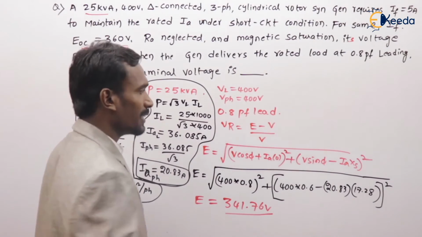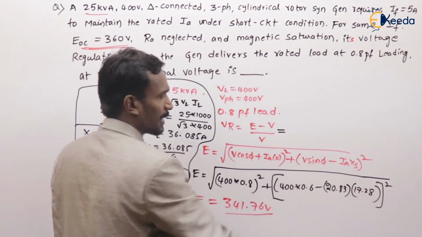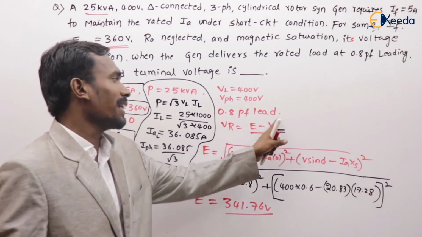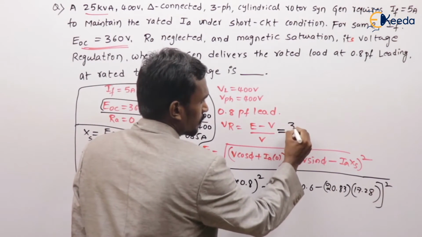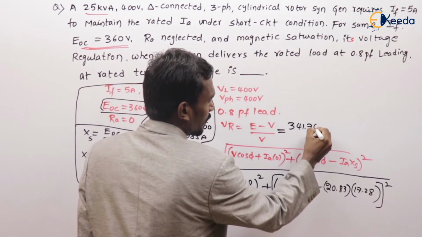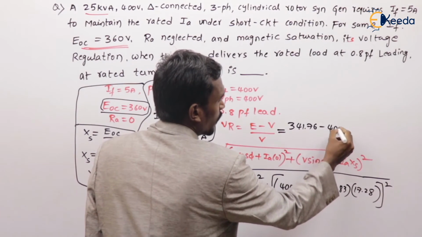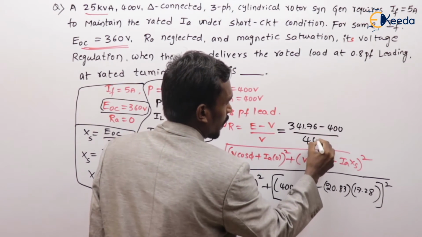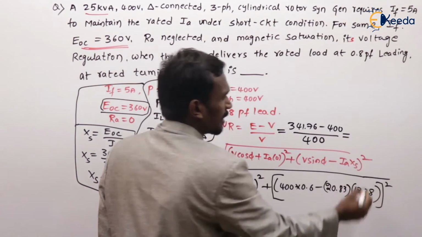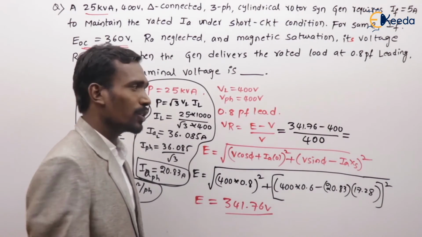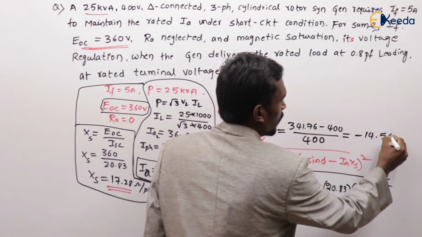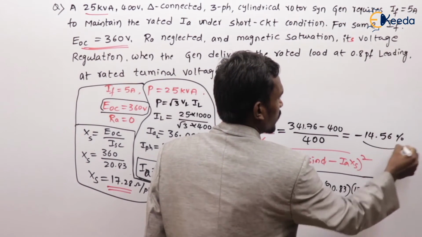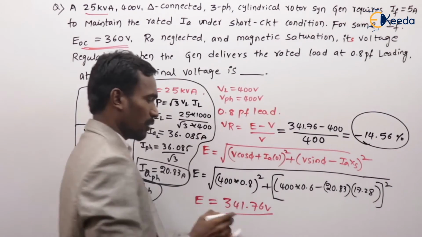Now I want voltage regulation. Voltage regulation is equal to E minus V by V. What is E? 341.76 minus 400, by 400. If you calculate this value, you get minus 14.56% as our voltage regulation.